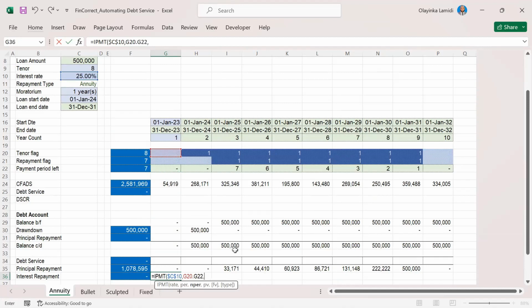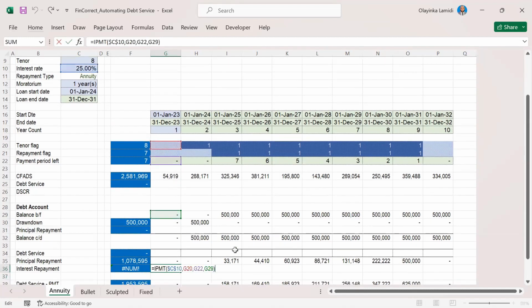So the opening balance is now, okay, I think I made a mistake over there. So G20 and NPER, okay, NPER here. So now we've selected G22. Then the opening balance right here is G29.